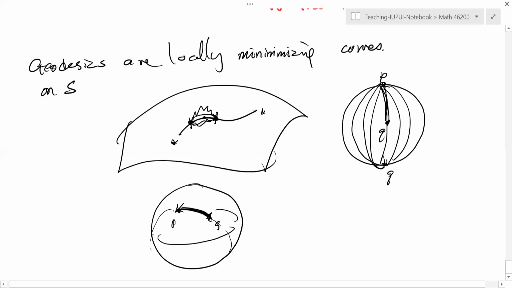But you can also go around here from here to here, right? This is also a geodesic, but it's only locally minimizing. It's not globally minimizing, because there is another one shorter than that. So we are talking about this a little bit later.